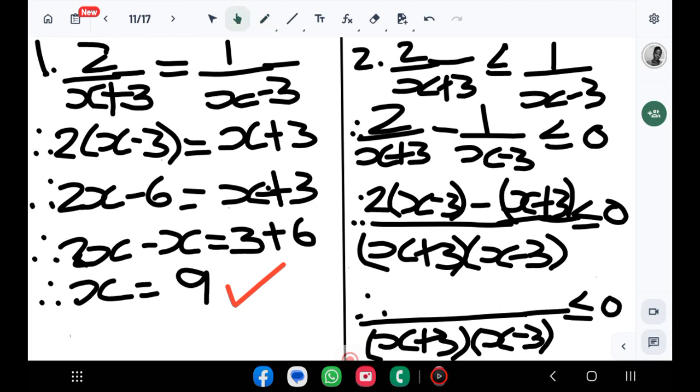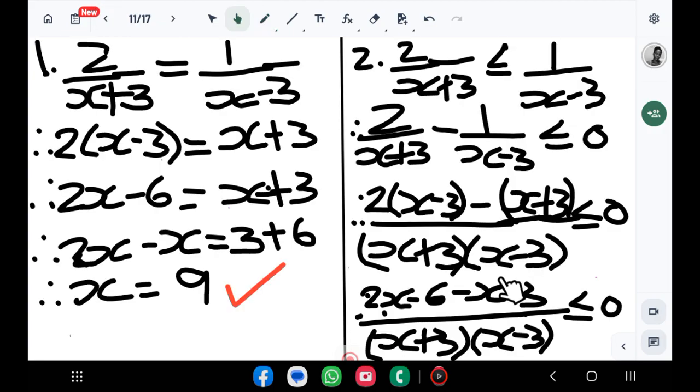Okay, so when we expand this, this will be 2x minus 6, minus x minus 3 when you take out the brackets. 2x minus x, that is x.